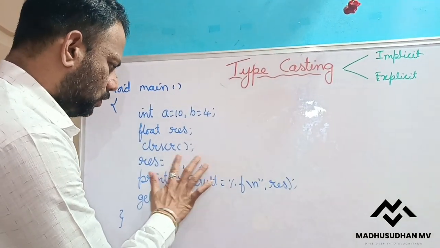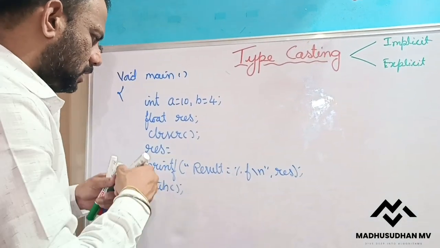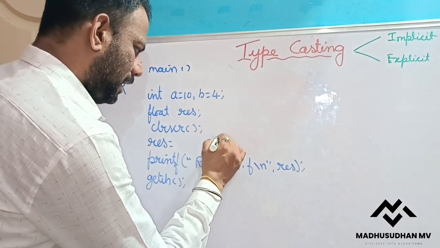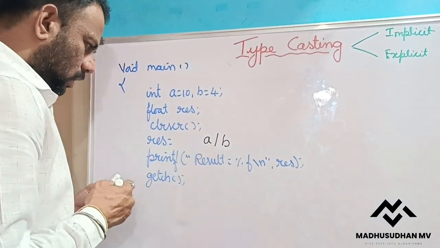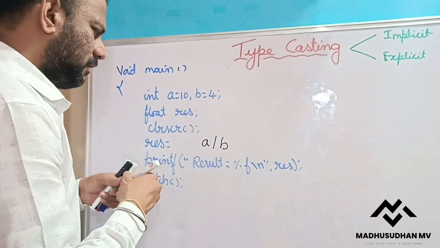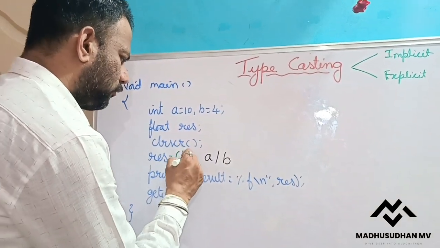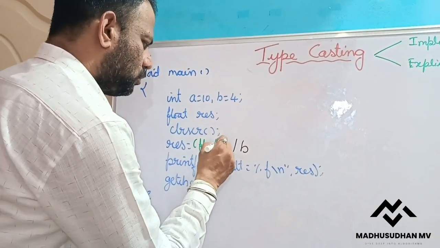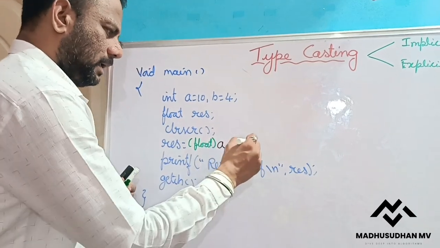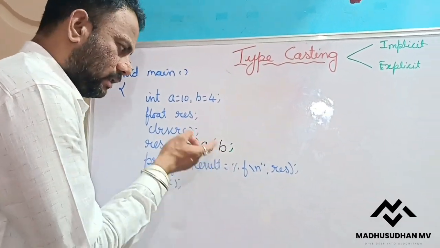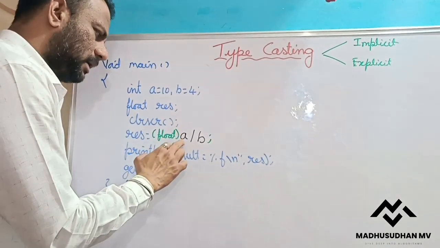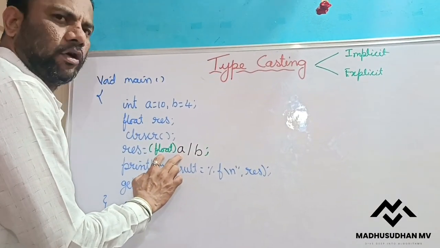Now, what I'm actually doing is a divided by b, where both are integer variables. Any one of the integer variables I convert into float. The meaning of this statement is that I converted a externally, that is forcefully, into float.